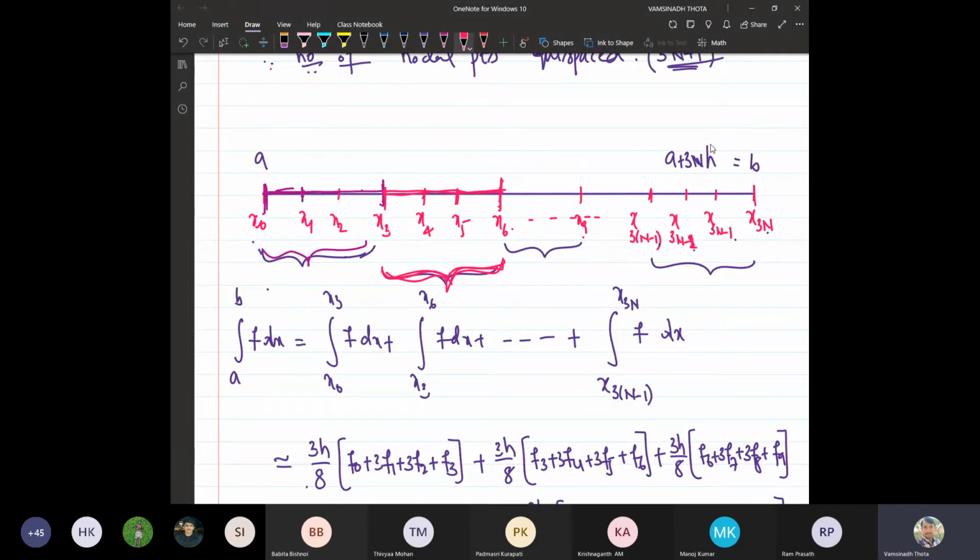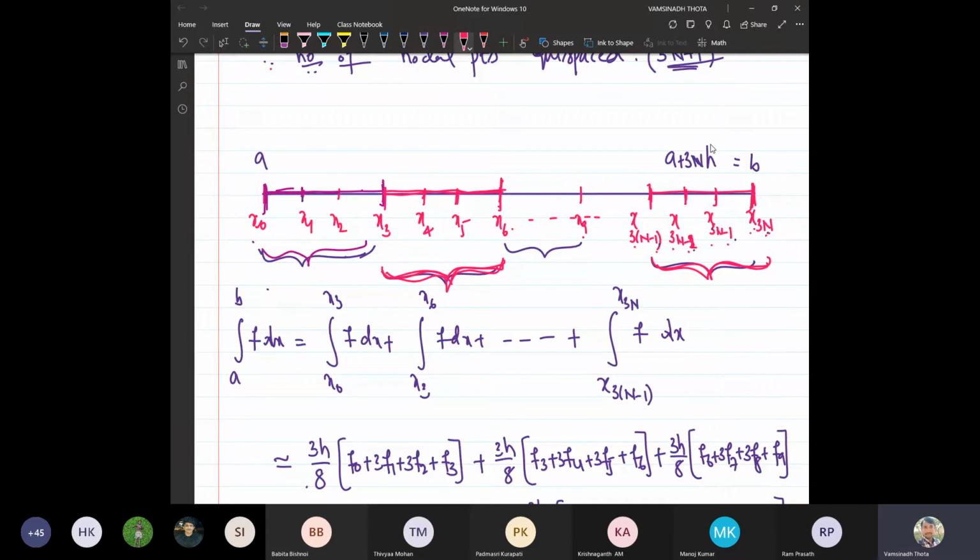When the last nodal point is x3n, the last interval in which we consider the Simpson's 3/8 rule is x3n minus 3, x3n minus 2, x3n minus 1, and x3n. Considering this entire thing as one interval, we apply the Simpson's 3/8 rule here.